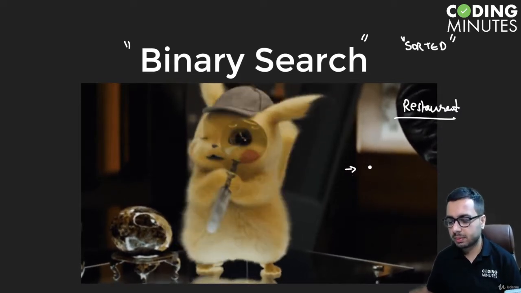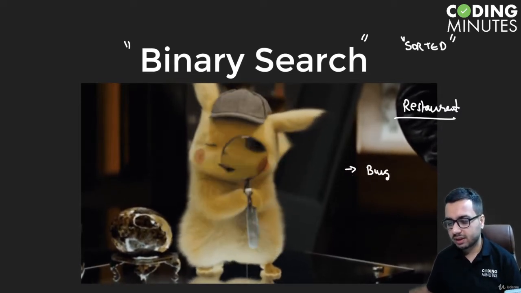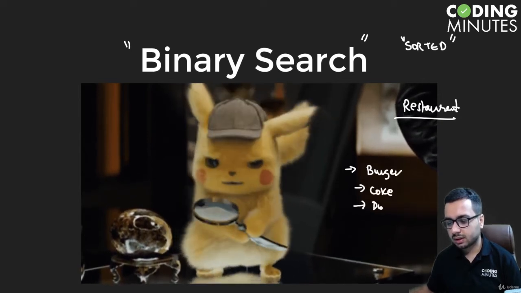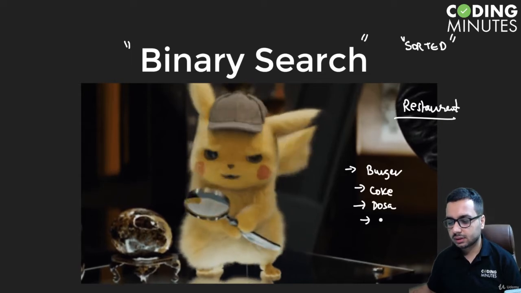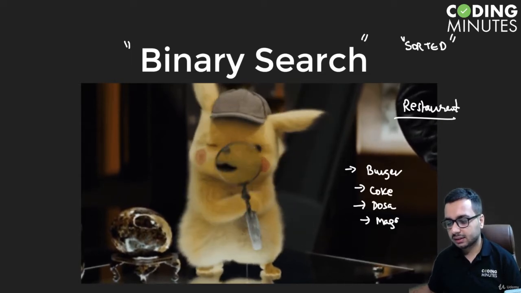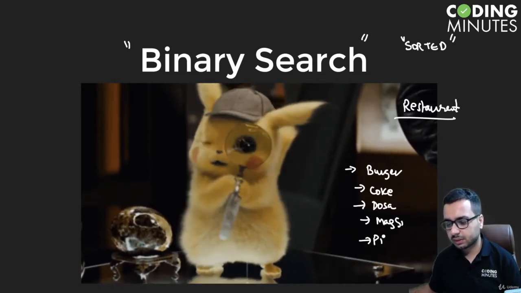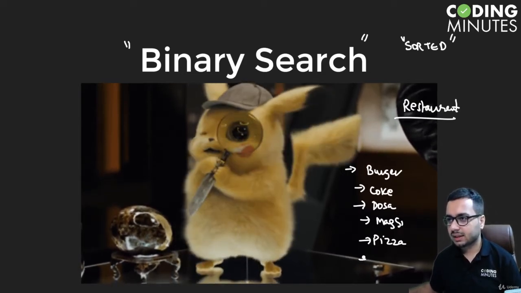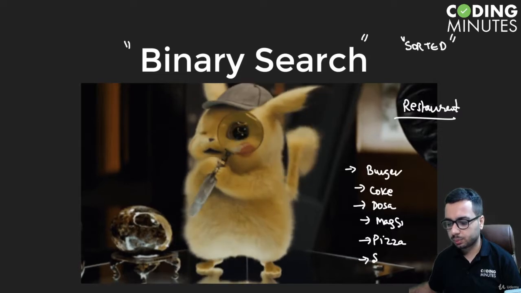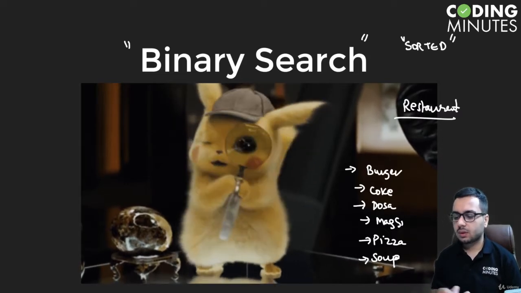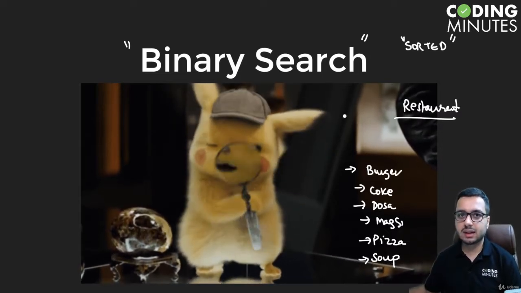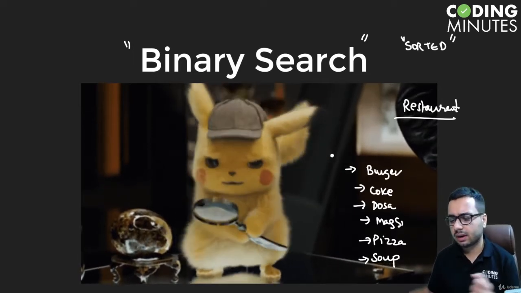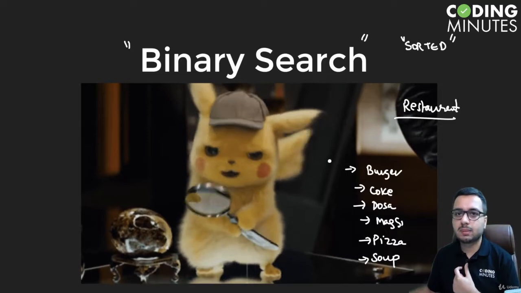Maybe we have a burger, a coke, a dosa, a Maggie, let's say pizza, and maybe a soup as well. Now you can see these are arranged in alphabetical order, which we also call lexicographic sorted order. And maybe you want to search for an item, let's say pizza.